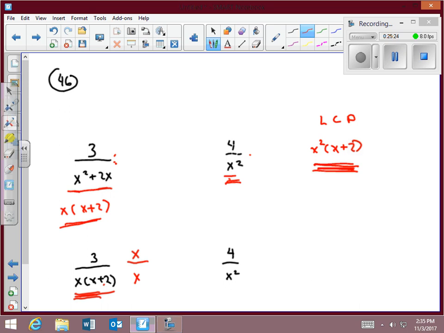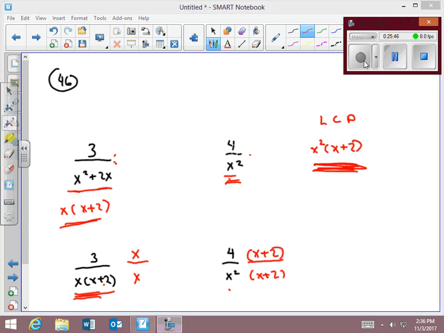Now then, look at this denominator and compare it to this one up here. What is missing? An x plus 2, so I'd have to put an x plus 2, and then I have to do a numerator x plus 2, right?